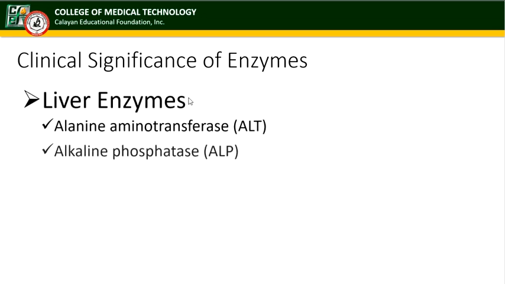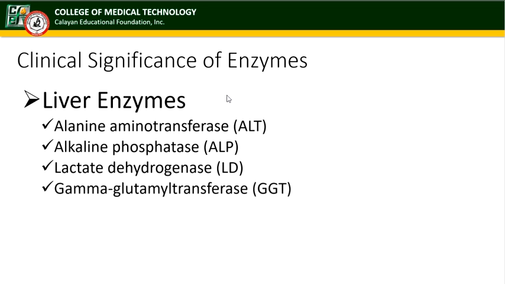So these are the following liver enzymes that you will test or that will be requested kapag titingnan if may damage or kung okay ang iyong liver. So alanine aminotransferase, alkaline phosphatase, lactate dehydrogenase, gamma-glutamyl transferase, aspartate aminotransferase.